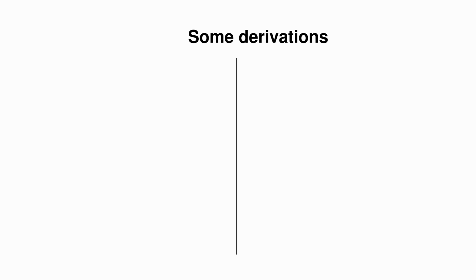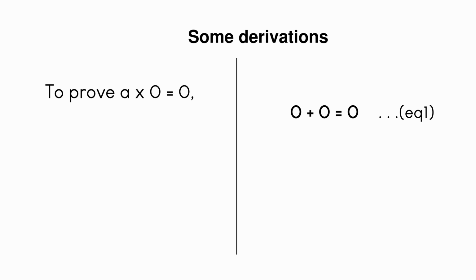We can derive few conclusions using the axioms. In case of additive identity, a + 0 = a. If we consider a special case where a = 0, then the equation becomes 0 + 0 = 0. Again, using the combination of additive identity and distributive property, it is possible to prove a × 0 = 0.